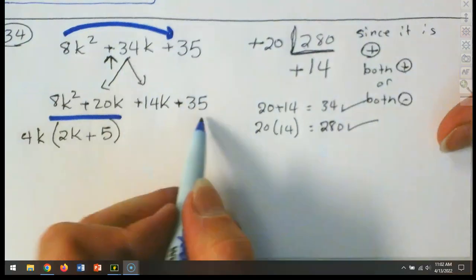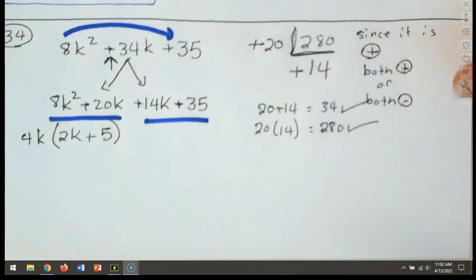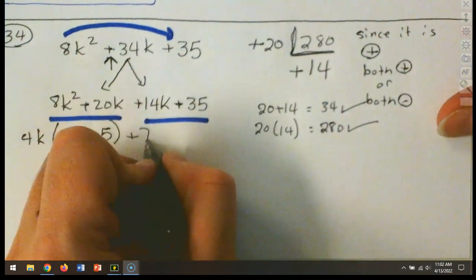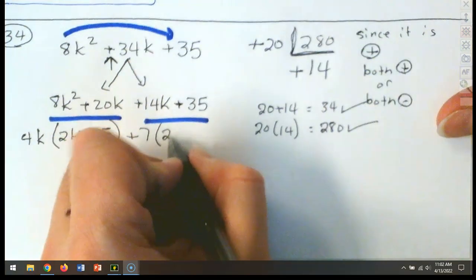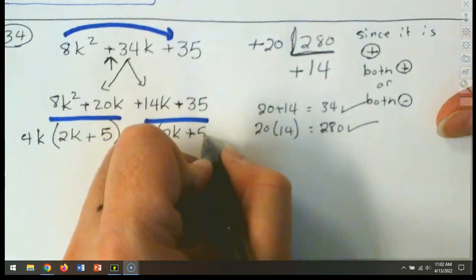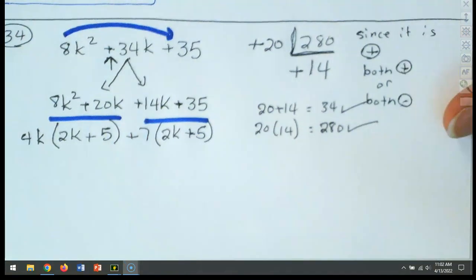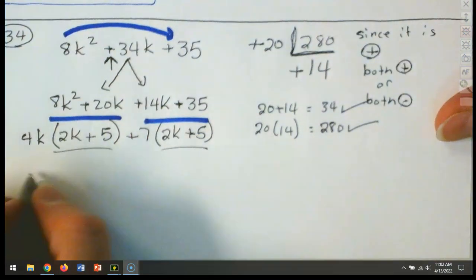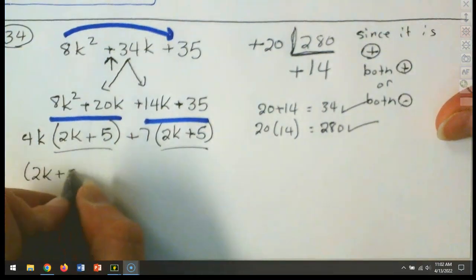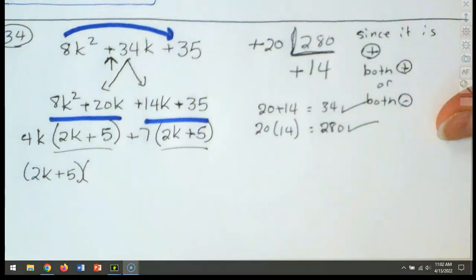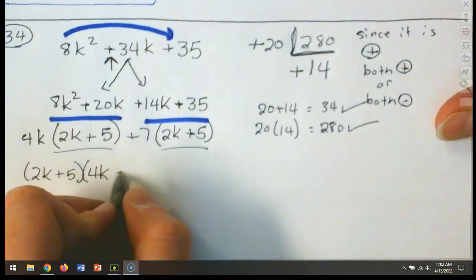Next two pieces, what comes out? Okay, take out a 7, and that leaves you with a 2k plus 5. Are my groupings the same? Yep, they better be. So 2k plus 5 comes out, and what's left over? 4k plus 7.